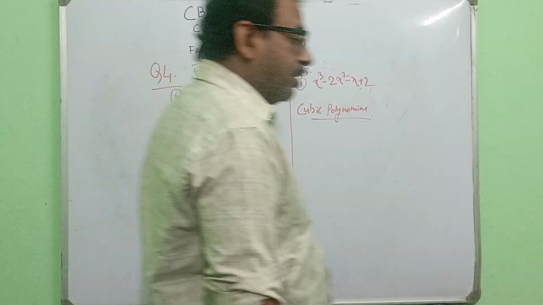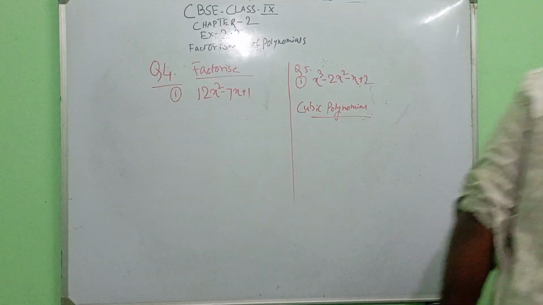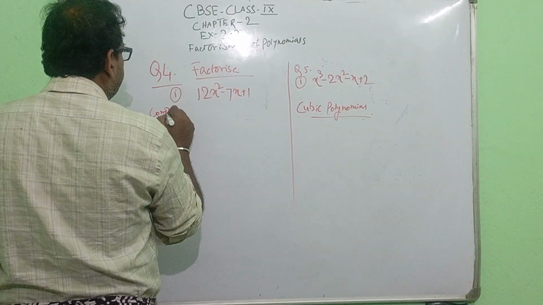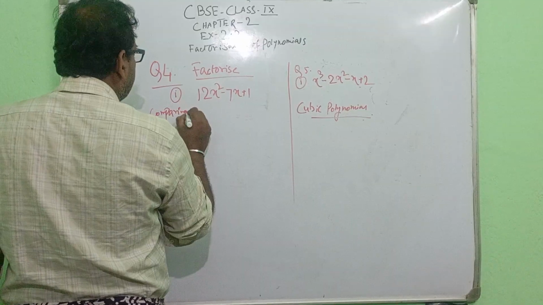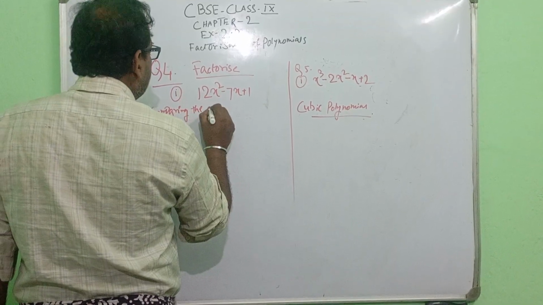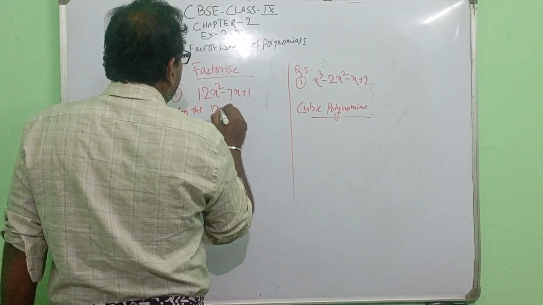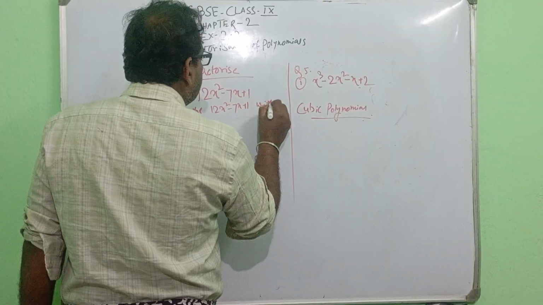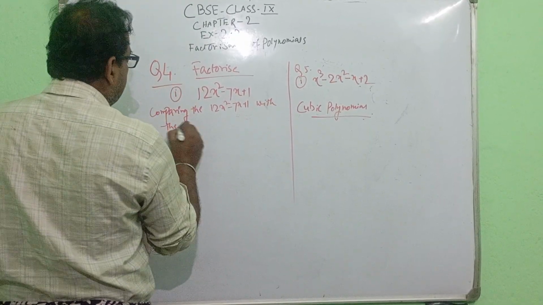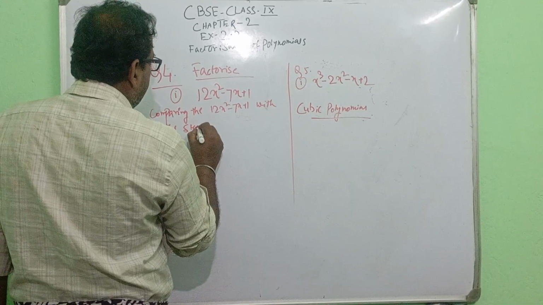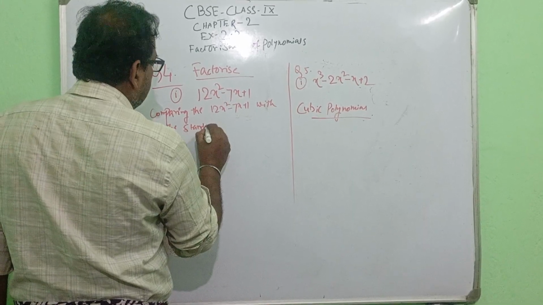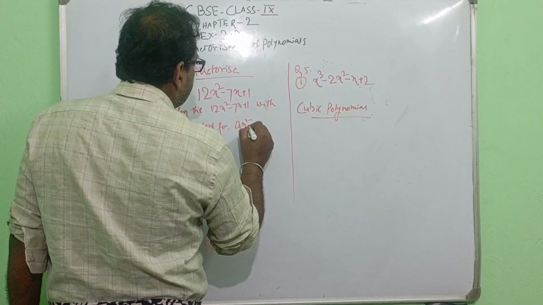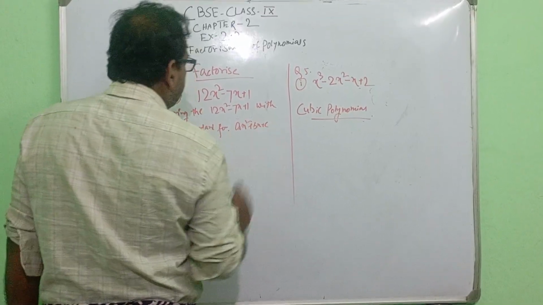How does the middle term factor work? Now over here, comparing the function 12x squared minus 7x plus 1 with the standard form ax square plus bx plus c.